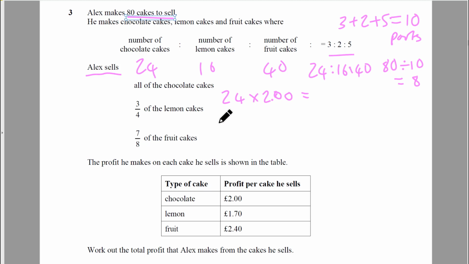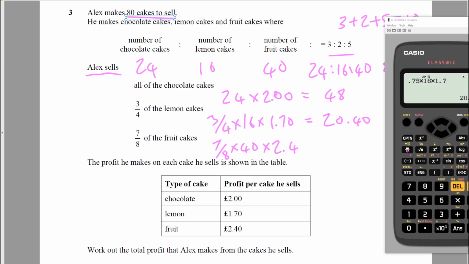Lemon cakes, 3/4 of 16. So we could just do 3/4 times 16 times 1.70. And 7/8 of the fruit cake, so that's 40, so 7/8 times 40 times 2.4. Work out all those answers on the calculator. And so just use a calculator to do this. Times 40 times 2.4.